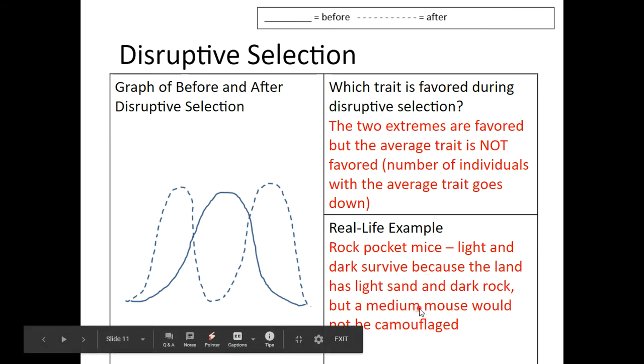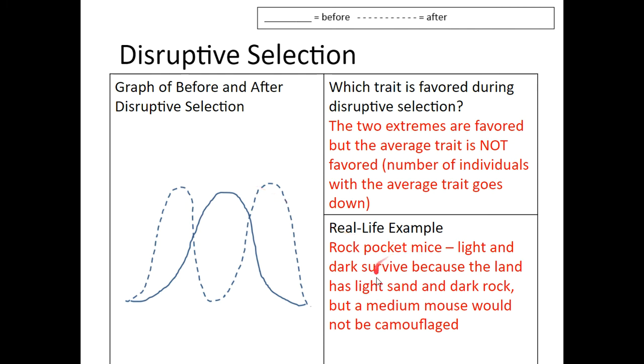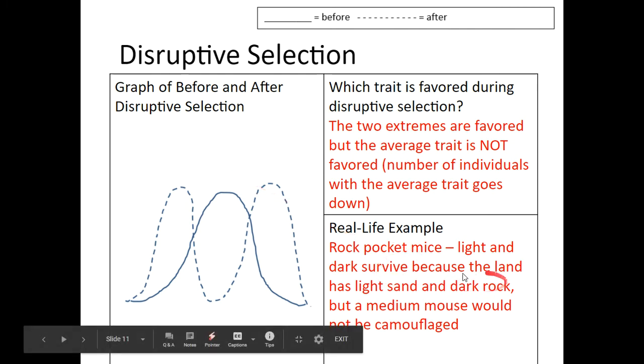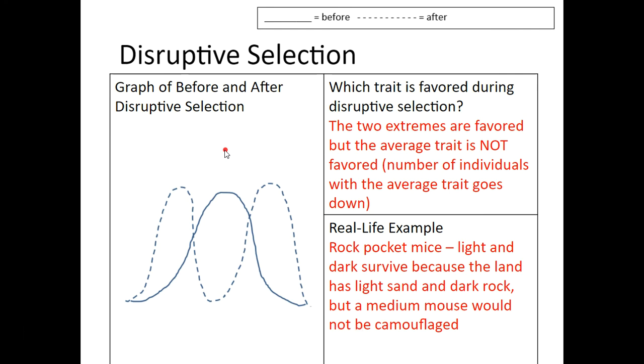But a medium mouse, that would be maybe a gray color, would be selected against because the gray would not be camouflaged with the light sand nor the dark rock. So no matter where that medium gray mouse color was found, it would be preyed upon.